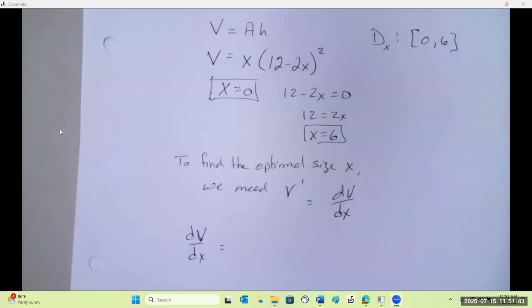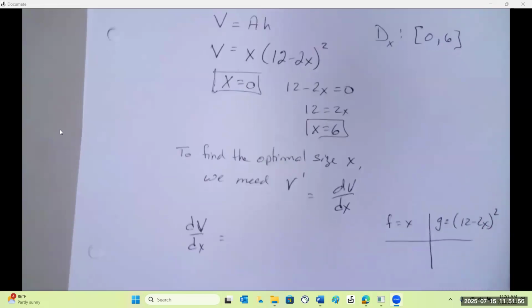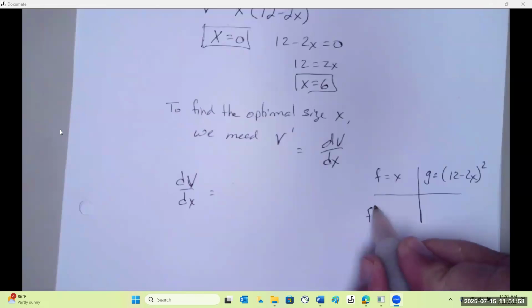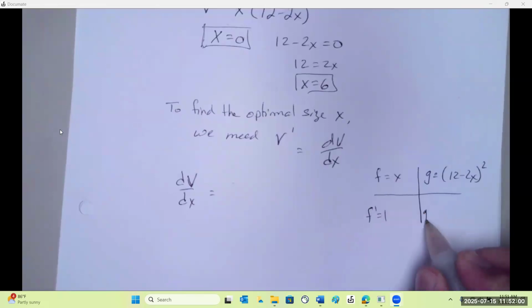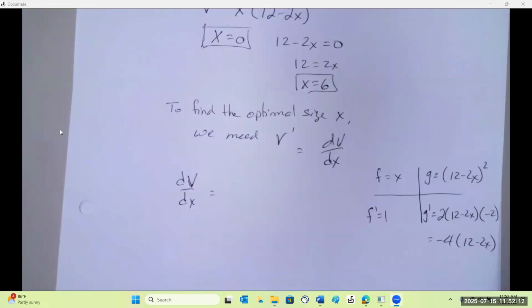All right, let's try product rule. Okay. So f is x and g is 12 minus 2x squared. f prime is 1. g prime is 2 times 12 minus 2x times negative 2, which is negative 4 times 12 minus 2x.